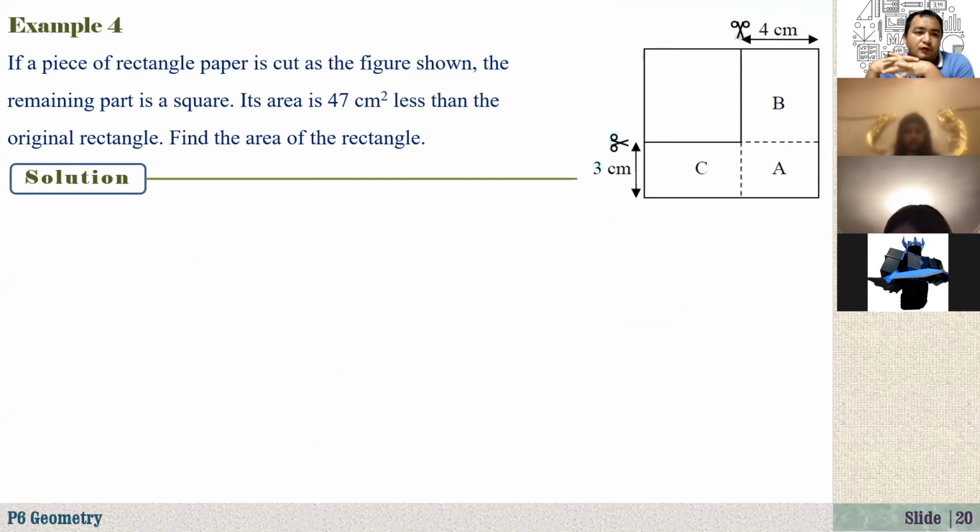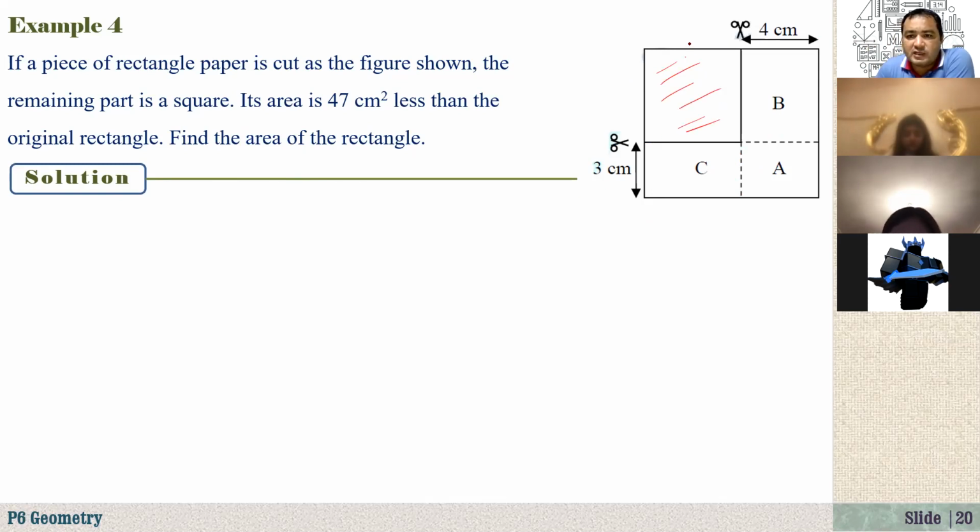So in example 4, if a piece of rectangular paper is cut as the figure shown, we are just cutting from here and also from here, right? Its area is remaining, and the remaining part is just a square, okay? That is just a square.